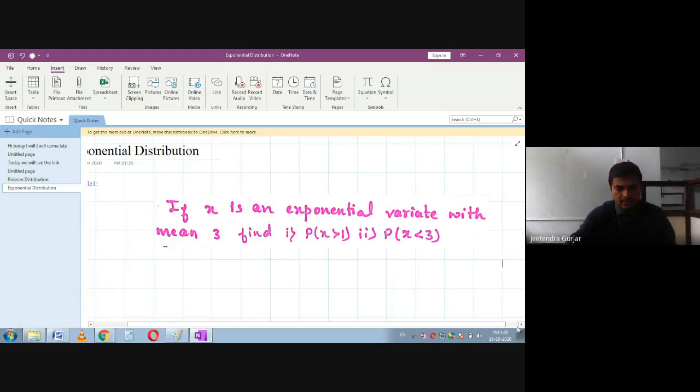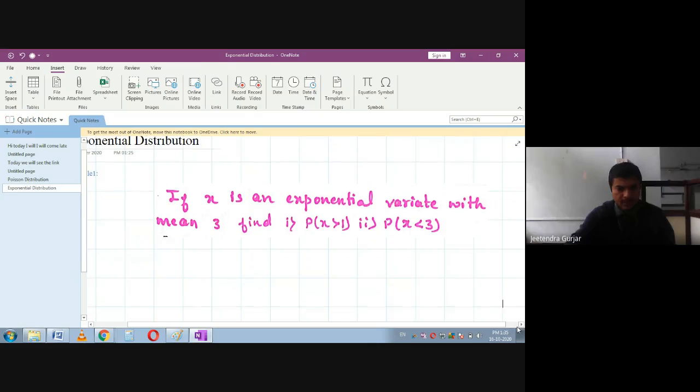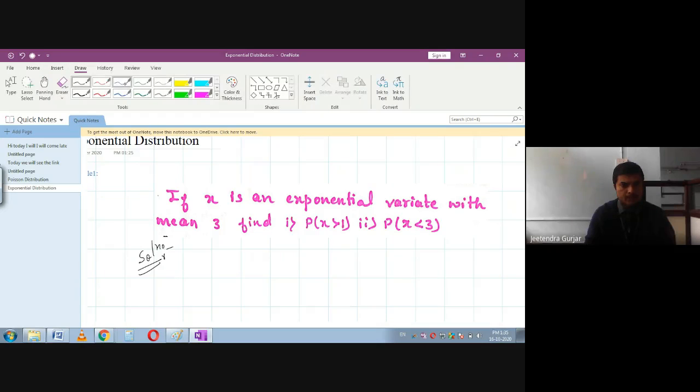So like this we come across the first example. We'll start now our solution. So what we have here, students, that's very very important.